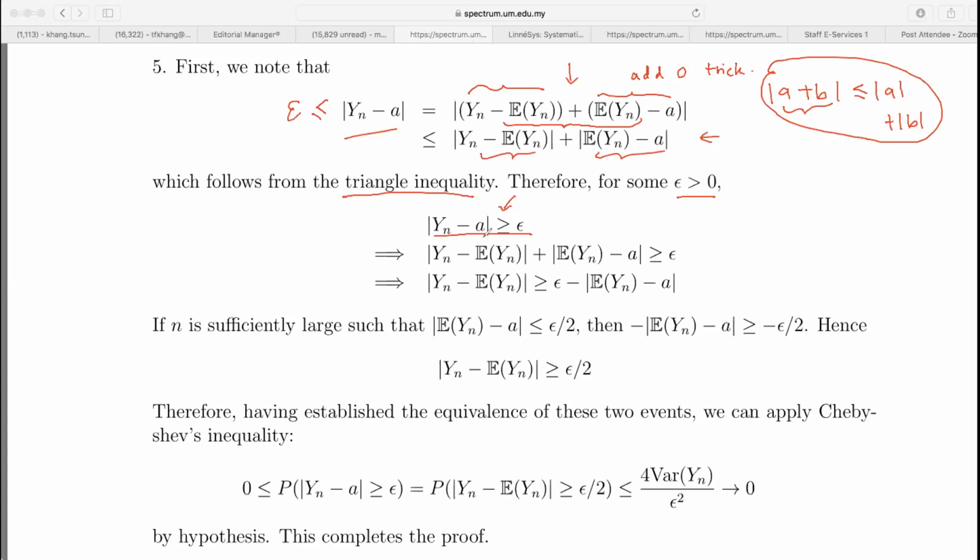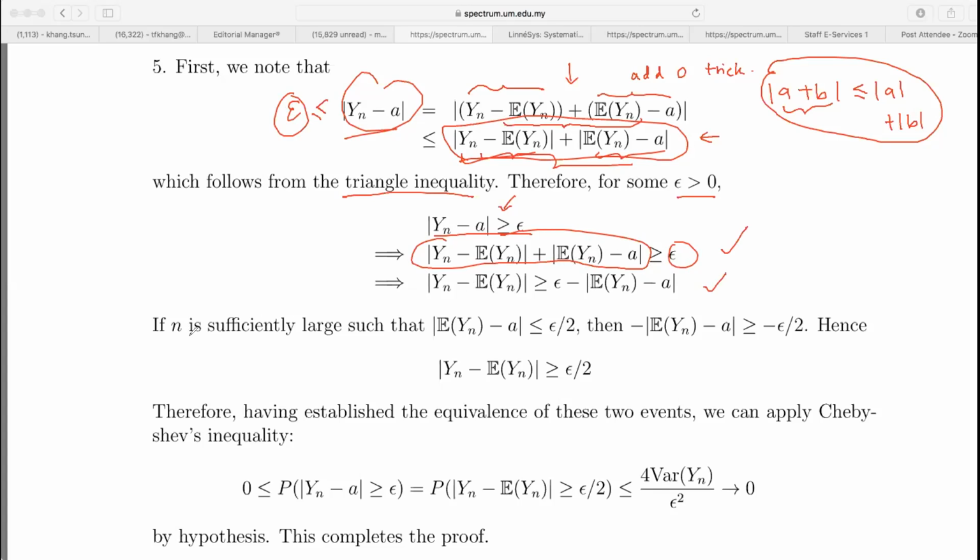Yn minus a greater than or equals to epsilon implies that, because this guy is bounded by this guy, this upper bound is also larger than or equals to epsilon. Because your absolute Yn minus a is larger than epsilon, and there's some guy larger than it. So this guy that's larger than it must also be larger than or equals to epsilon. And from here, you rearrange, you get this. It's basically just moving it around.